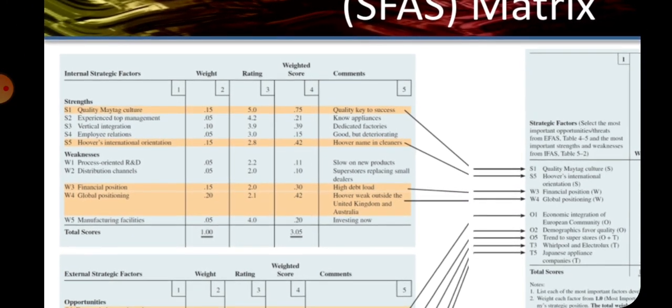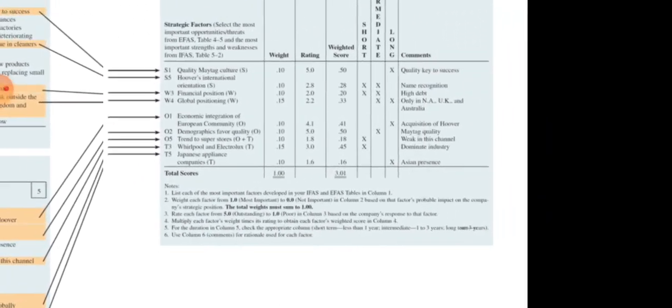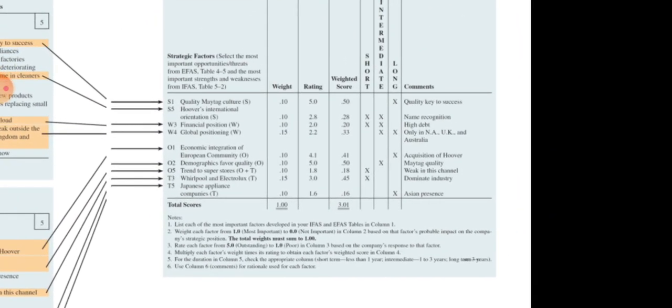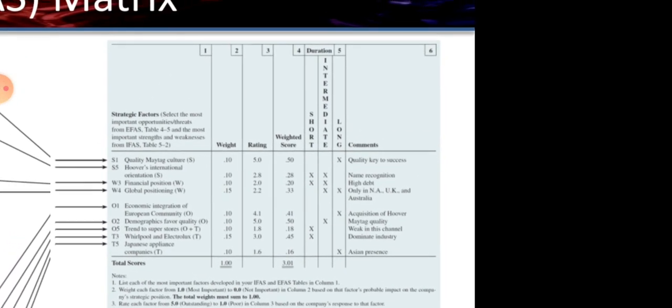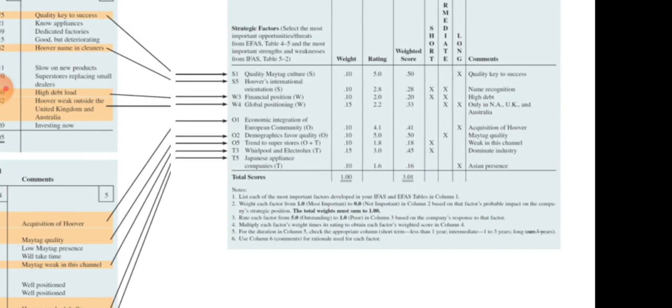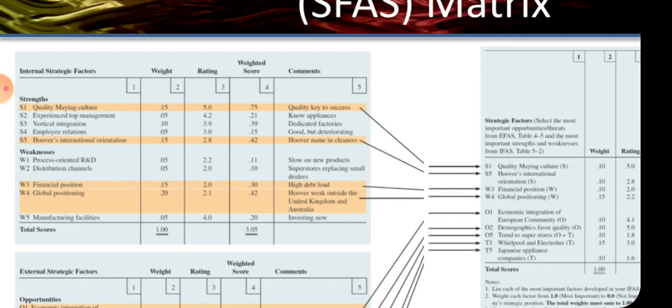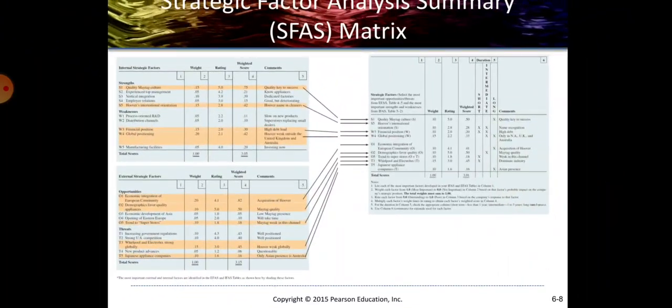The internal strength factors and the external strength factors, you combine them within one matrix here. So this is more or less the SWOT analysis with giving weights and ratings and scores to have some kind of clearer, statistical vision of what you need to do.